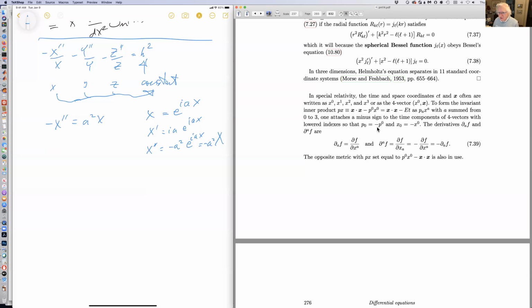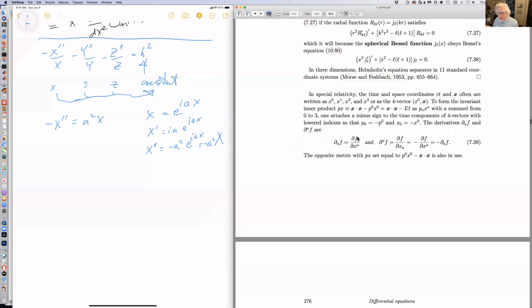So p lower 0 is minus p upper 0, or minus the energy. x lower 0 is minus x upper 0, minus the time. And d lower a is the regular derivative. d upper a is different, you see. So d lower a means the derivative with respect to the ordinary coordinate x upper a, whereas d upper a is the derivative with respect to x lower a.